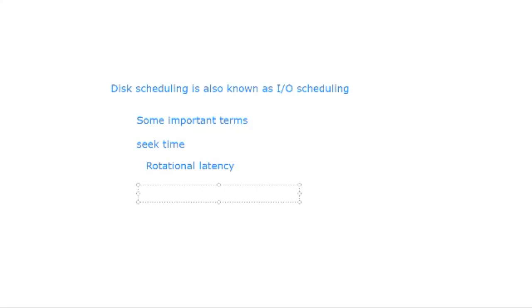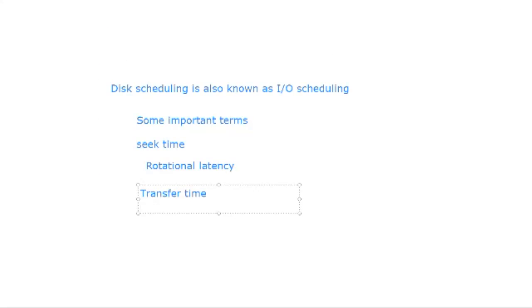And what is the next criteria? The next criteria is transfer time. Transfer time is the time to transfer the data.